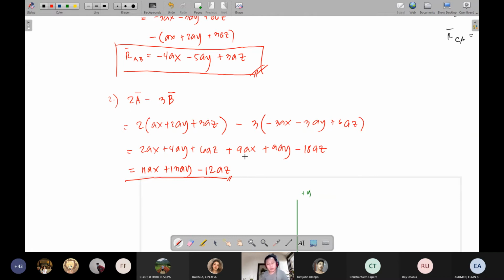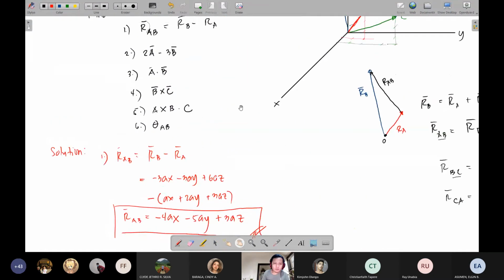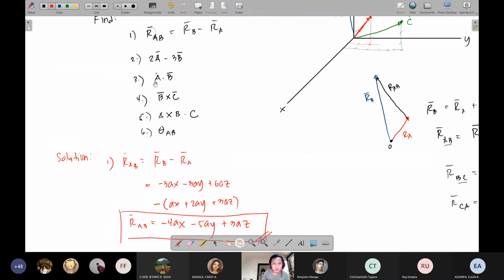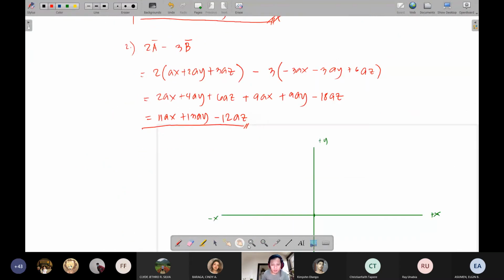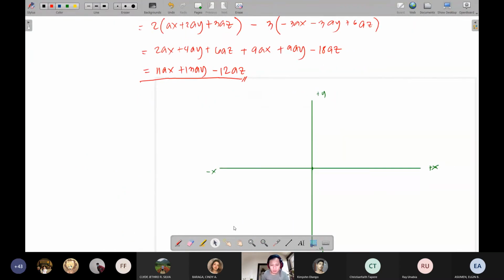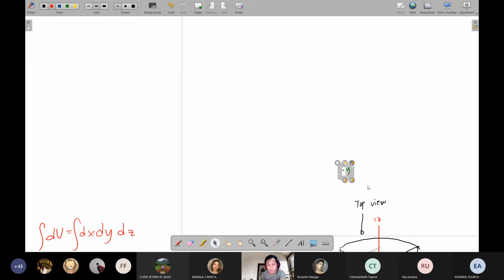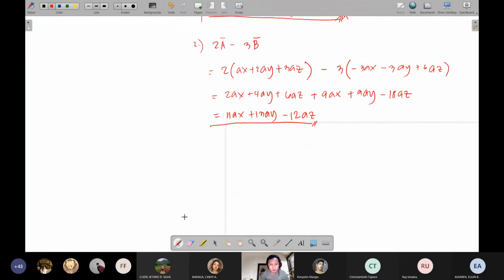So again, very basic, just the basics of algebraic operations. Next, you have the dot product, vector A dot vector B. For number 3, vector A dot vector B. If you recall, vector A dot vector B is the magnitude of A times the magnitude of B times the cosine of the angle between them.